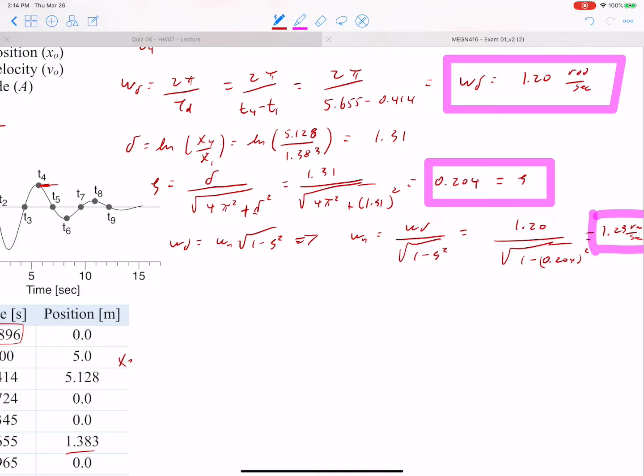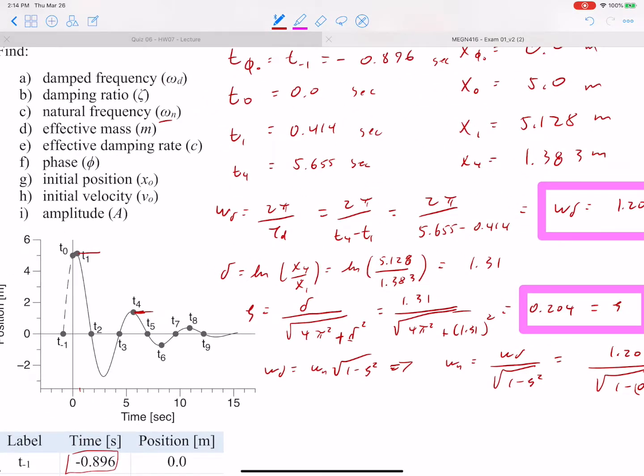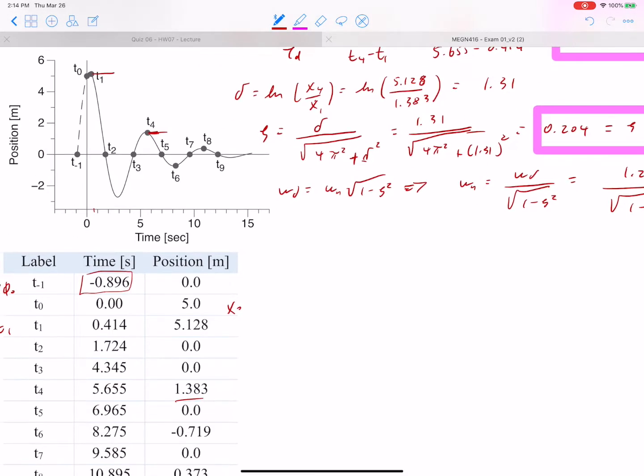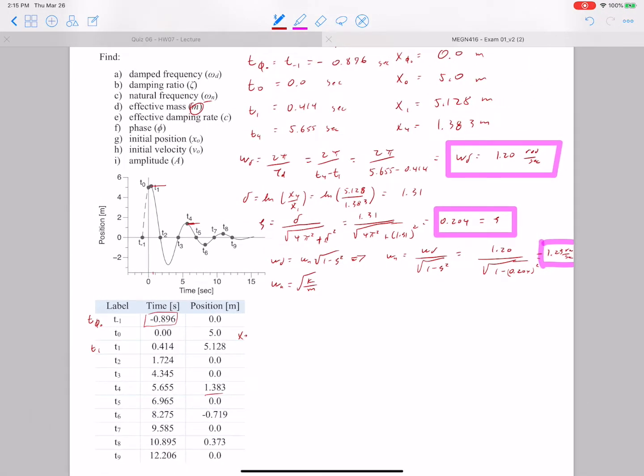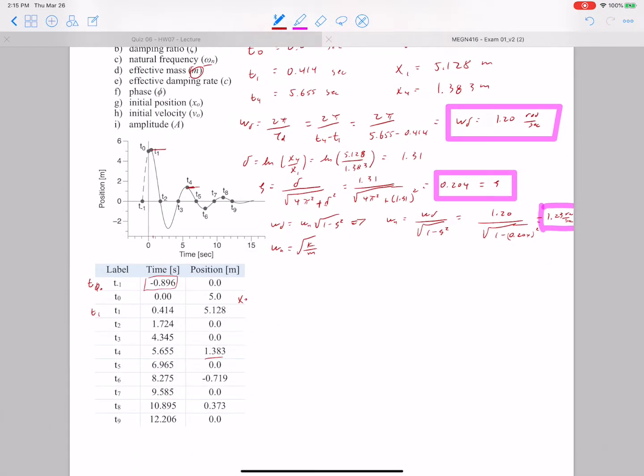Okay, so the next thing it's asking for is the effective mass. We can get our effective mass by knowing that omega n equals the square root of k over m. In this case we were given k, so the effective mass was pretty easy to get to. But let's say we were given mass and not the spring constant. Well, then we would just rearrange things.